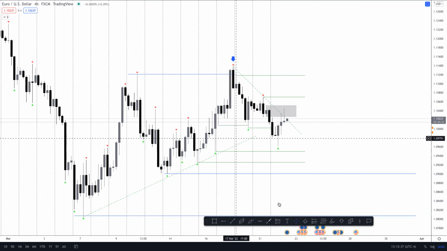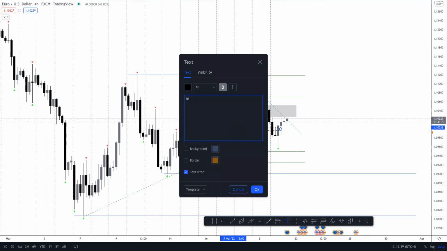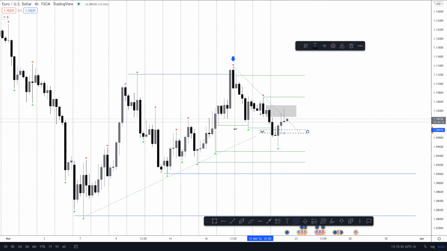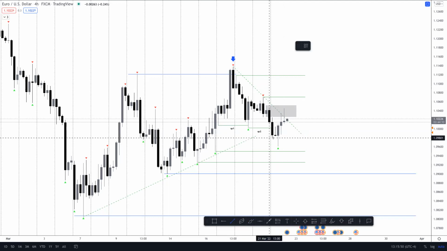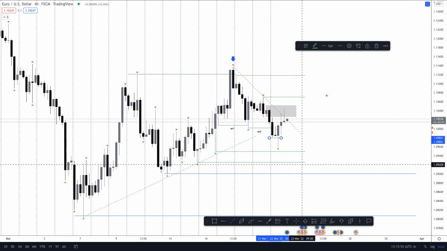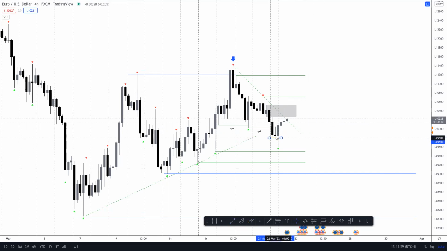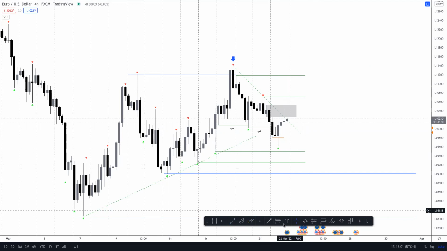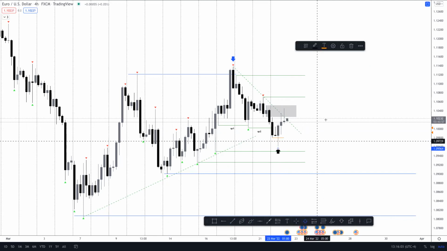We can also see that this was SP1 that moved into SP2. Can't forget about those core concepts. And then we had SP3 right here, that third and final drive to the low, which caused this whole movement back up. And this at one point was actually the low of the day, right here. So we can all kind of see how this formulated.